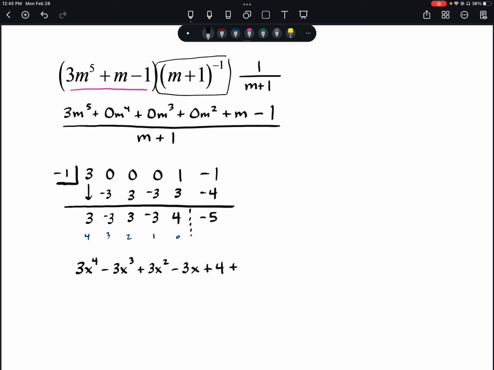And then we'll add, and we'll put a negative 5 in the top. And, oops, I did it all as x's. They're supposed to be m's. So I'll fix those. Right, so these were all supposed to be m's. Don't make that boo-boo like I did. And that is our answer.